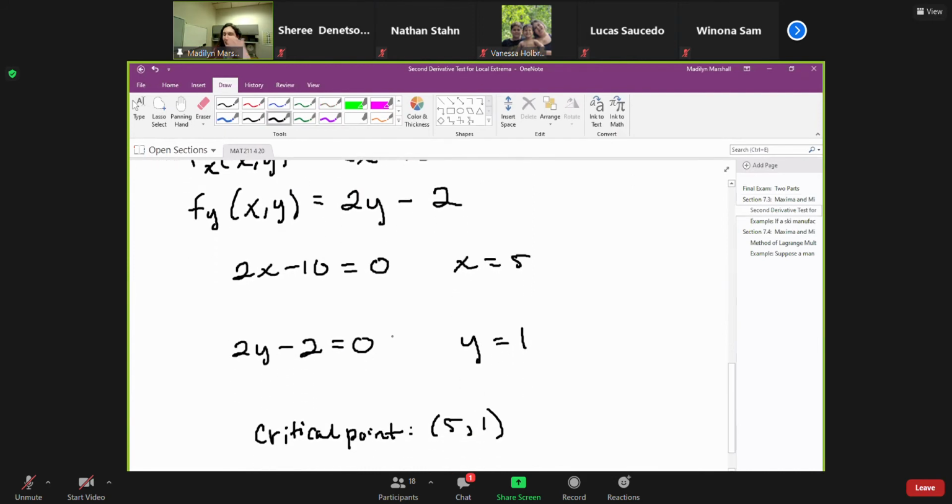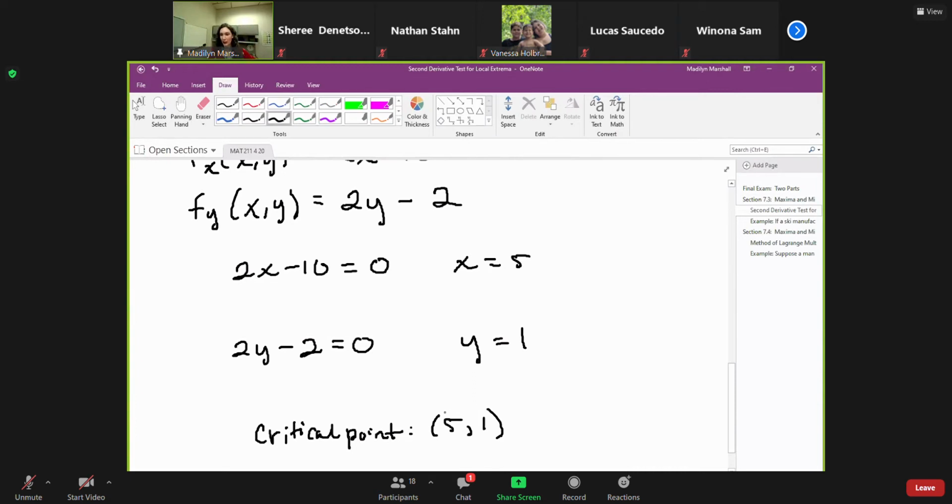So back to what we were just talking about, this critical point is just an XY, as we can see. It looks like a regular ordered pair, but just like in chapter 4, we would first find the critical numbers by taking the derivative and setting it to 0, and we would get an X. So we knew something important is happening at that X. Then we had to do a little more work to figure out what's happening with the Y there as well.